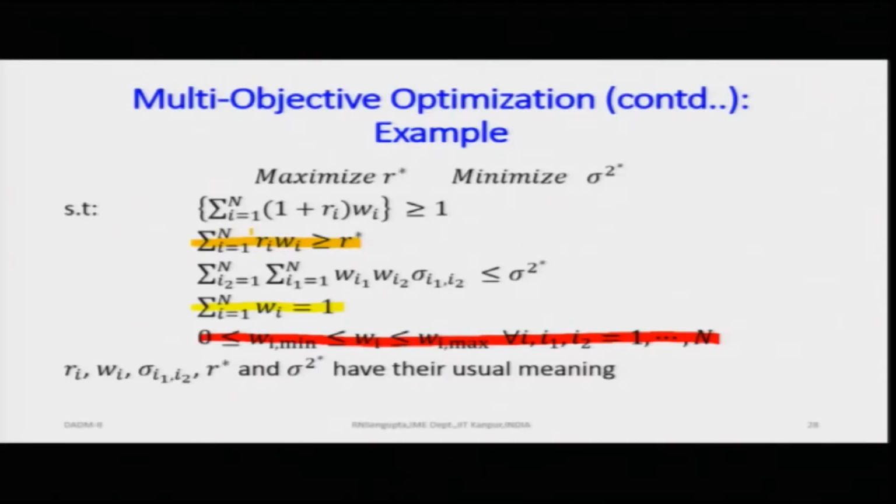Hence, the left hand side would mean that overall portfolio return will be the sum of the multiplicative values of the returns and the weights.